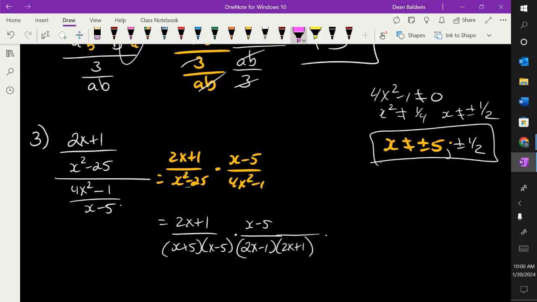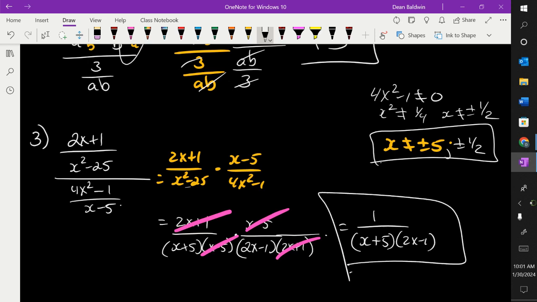So then you just start slashing. Gone, gone, gone, gone. And you're left with. If you cancel everything in the numerator, what is left up there? And that is your answer with your restrictions right there. Are we good with that?